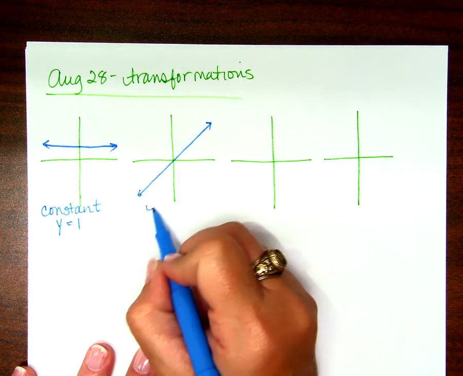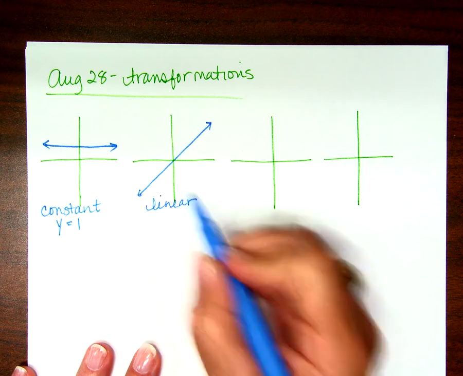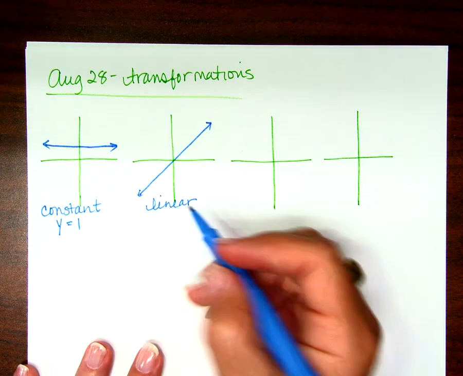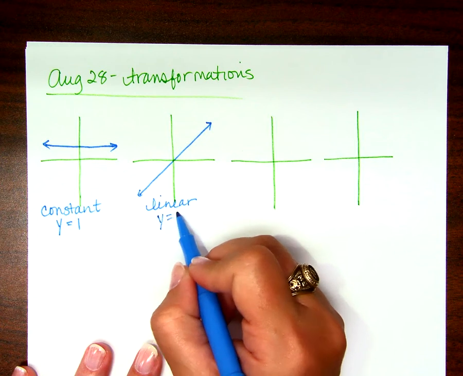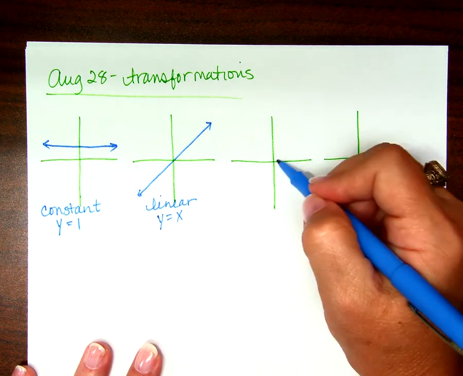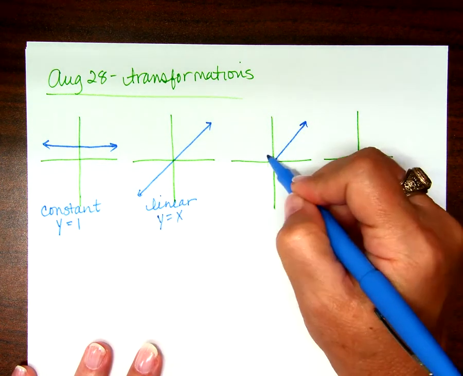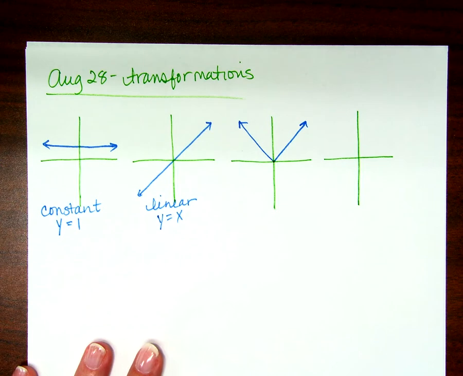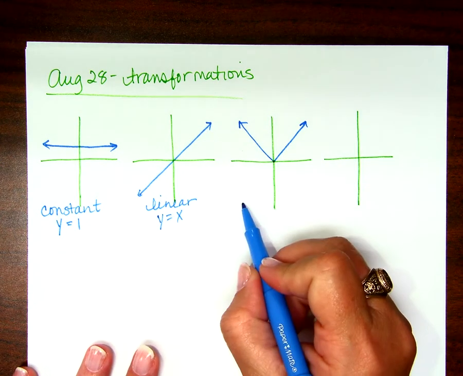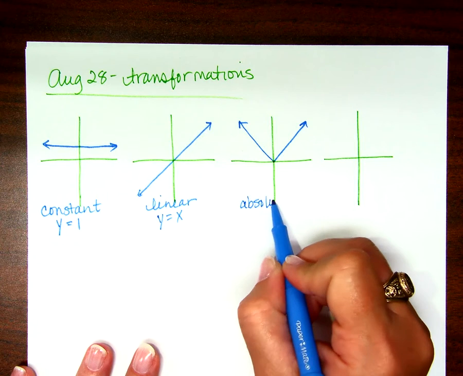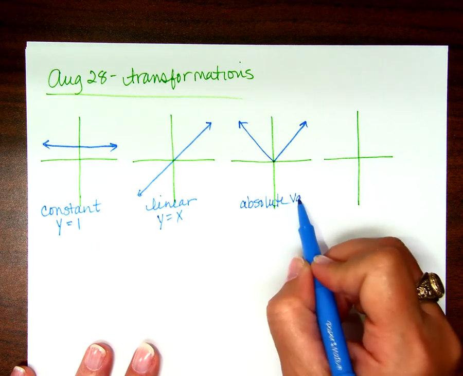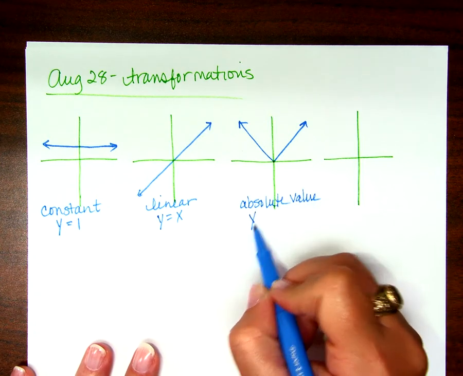What about this one? That's linear. And somebody tell me the equation. Y equals x. What's this one? What's it called? Perfect. And what's the equation?